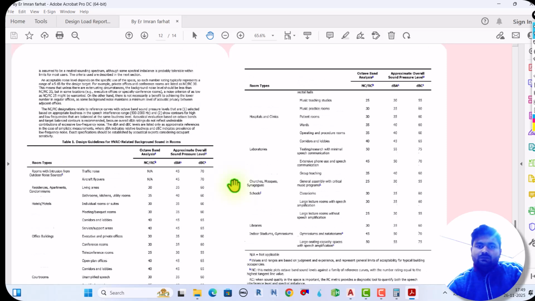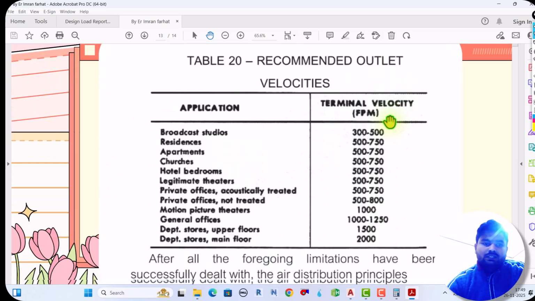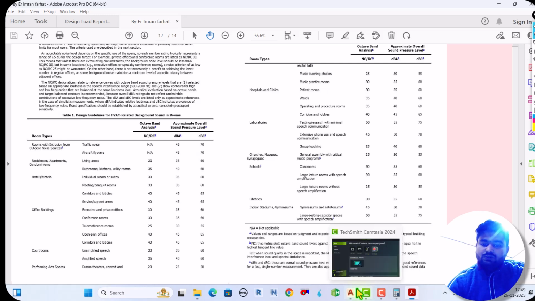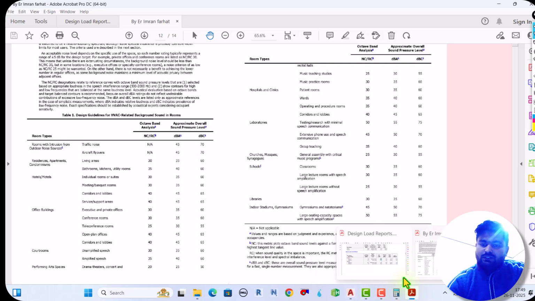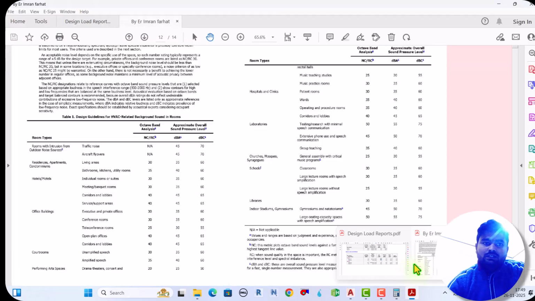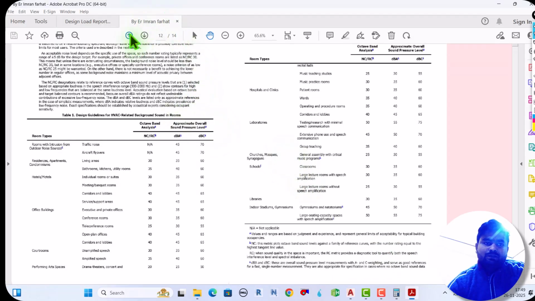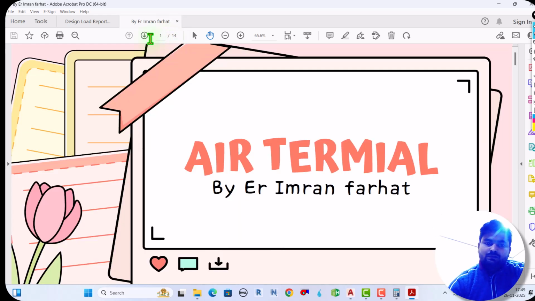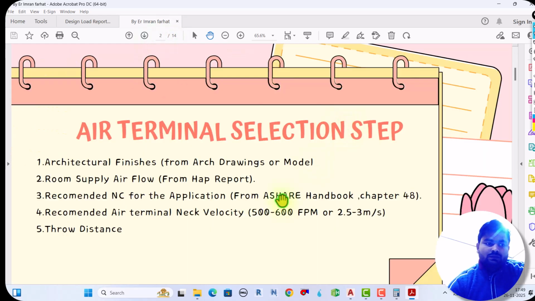See, this is all data. Recommended noise criteria for the application, we already show you that from where you can get.